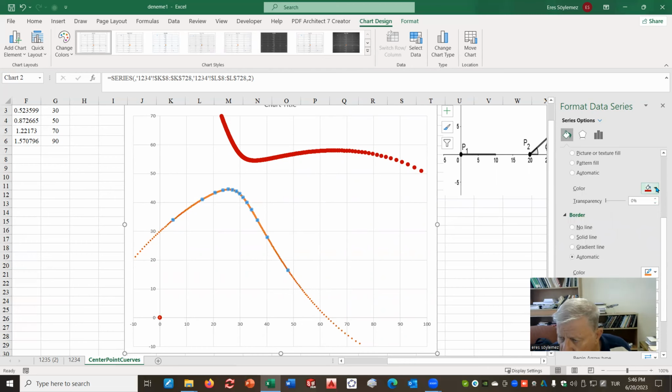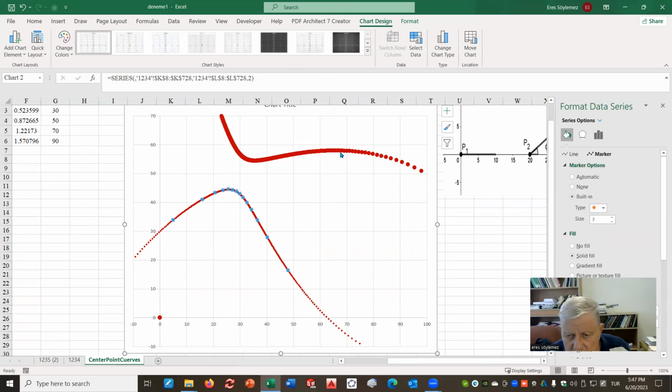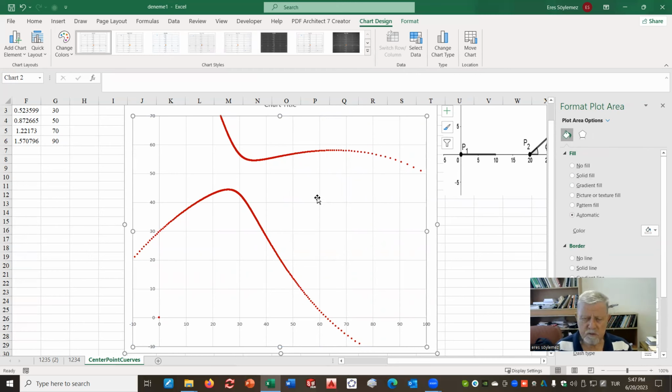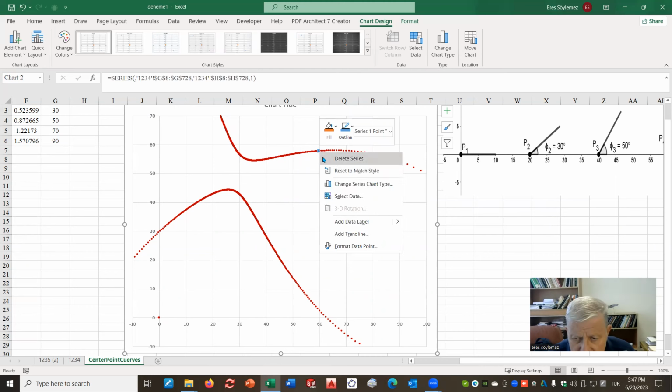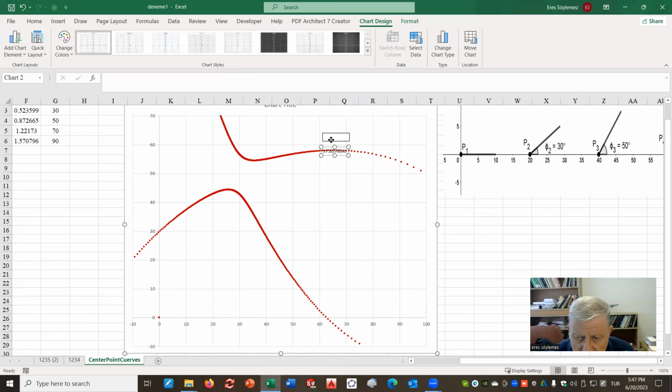Solid fill, red. Solid line, red. Okay. Here, the look is not bad. Next, over here, I will select a point, add data label. This is going to be M1, 2, 3, 4.